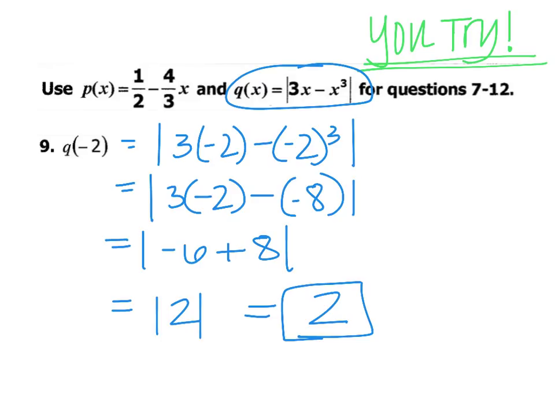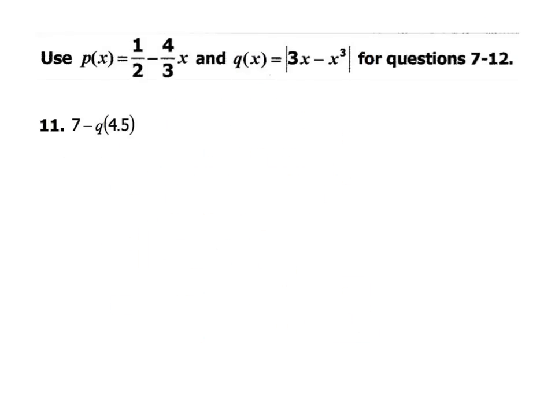Otherwise, let's move on. Number 11 is the same idea as what we did in number 9, but we're going to take whatever we get for q of 4.5, and we're going to say 7 minus that value. So we want to say 7 minus, and we're going to use our q function and plug 4.5 in.